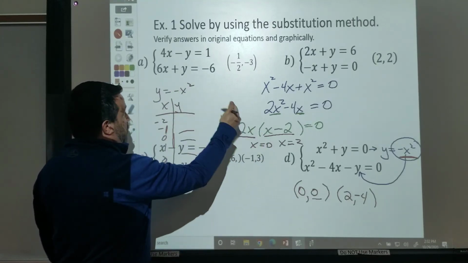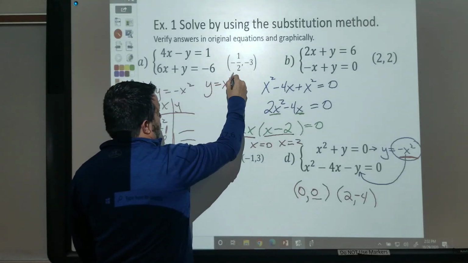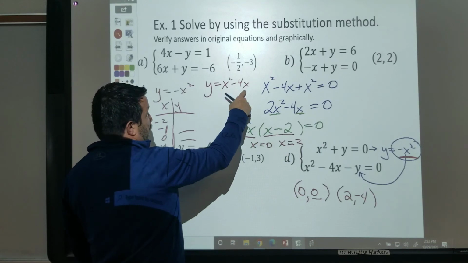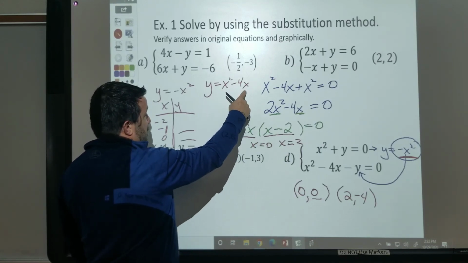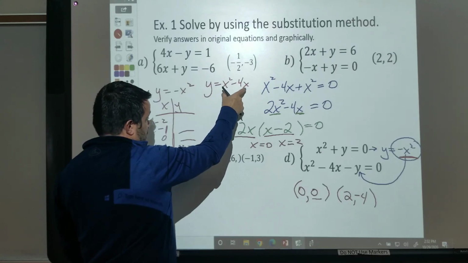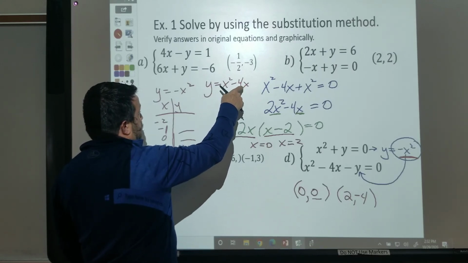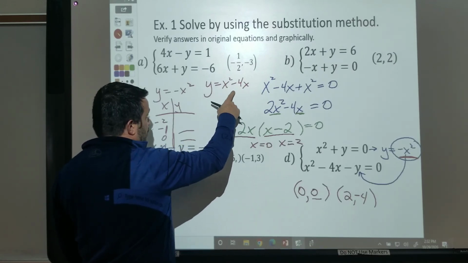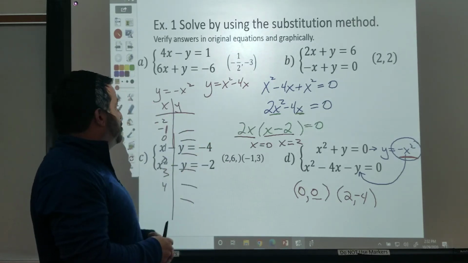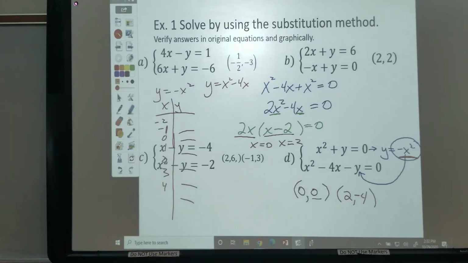Same thing with this other one. You've got y equals x squared minus 4x. First of all, you could factor that and find out where it crosses the x-axis at 0 and 4, because that's factorable. But then you can find other points, making an XY chart. So there's lots of ways to do it, but I wanted to show you how you could do that with a graphing calculator. So I'm going to pause there, and we'll pick up with the next example in the next video.